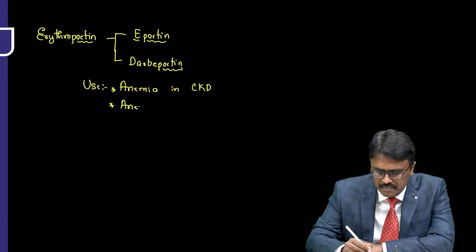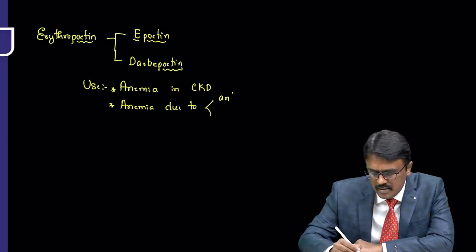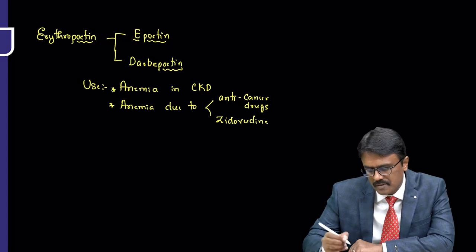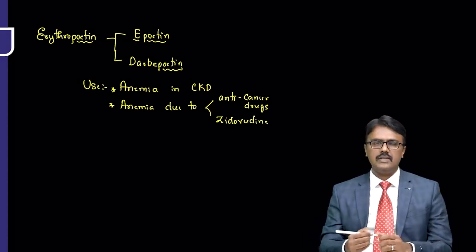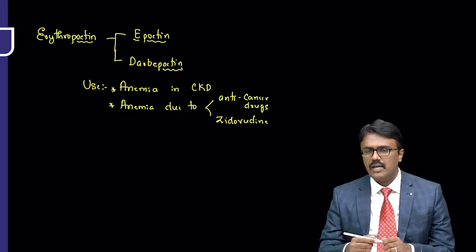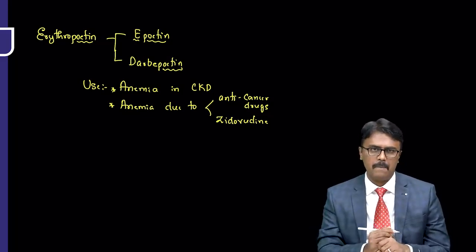Or anemia due to drugs, two important drugs: the anti-cancer drugs, and anemia due to zidovudine. Zidovudine is an anti-HIV drug. When we use anti-cancer drugs, there is decrease in RBC production. Zidovudine can also produce bone marrow suppression. To correct that, we use erythropoietin.